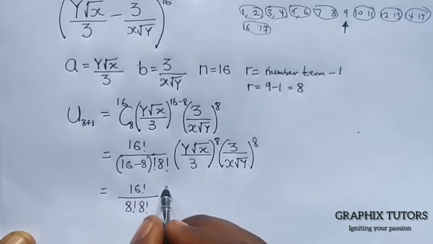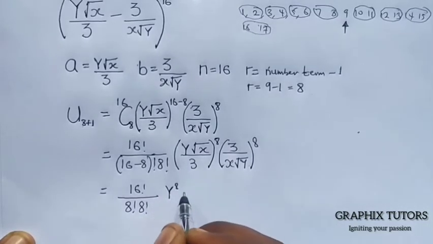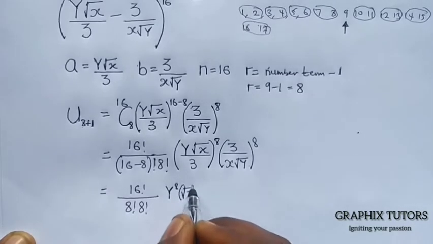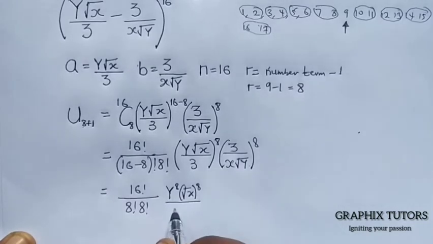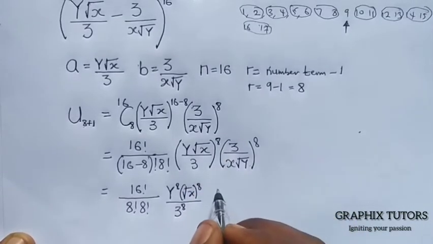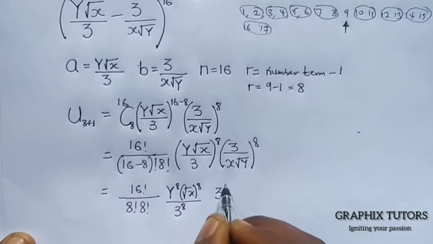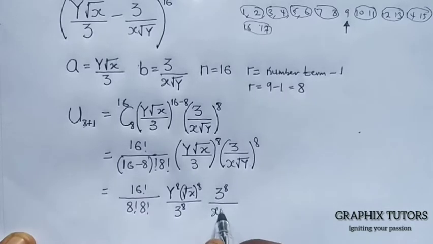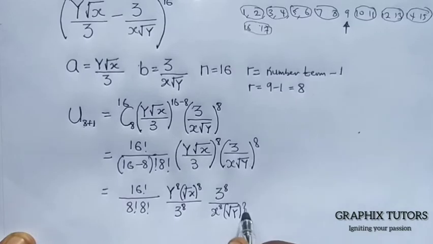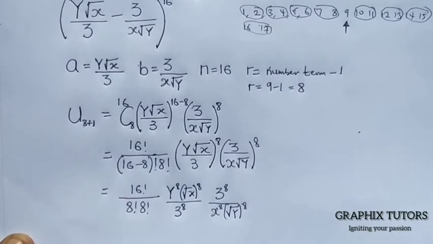Now this is saying that it's y to the power of 8, and we have the square root of x also having its own 8, everything over 3 to the power of 8, because they have the same power. Also, I will have my 3 to the power of 8 all over x to the power of 8 and the square root of y all to the power of 8 also. Now we're moving forward.